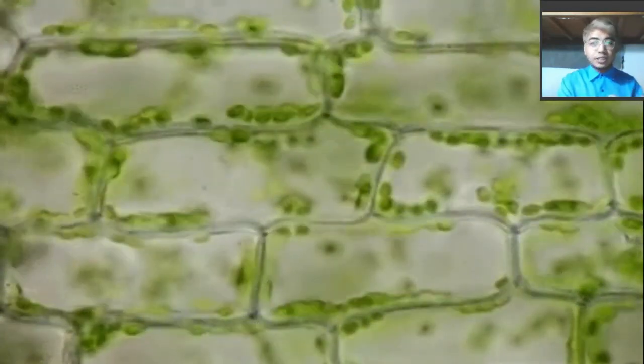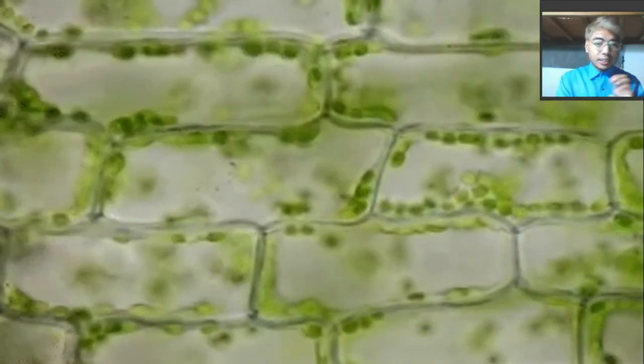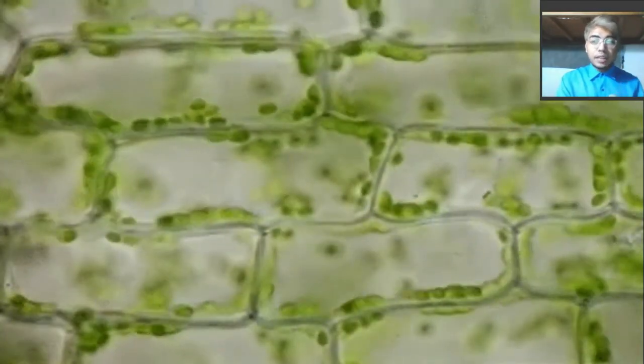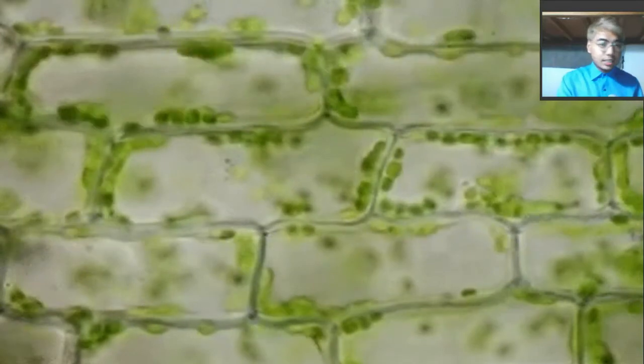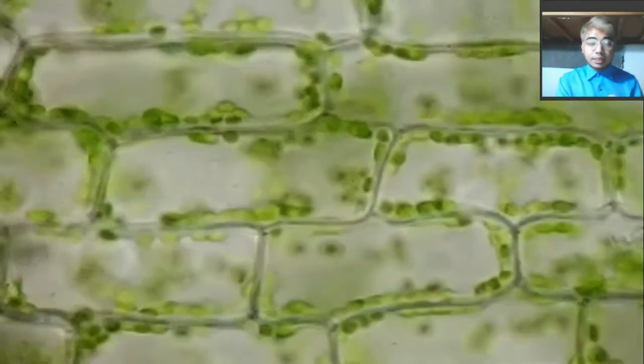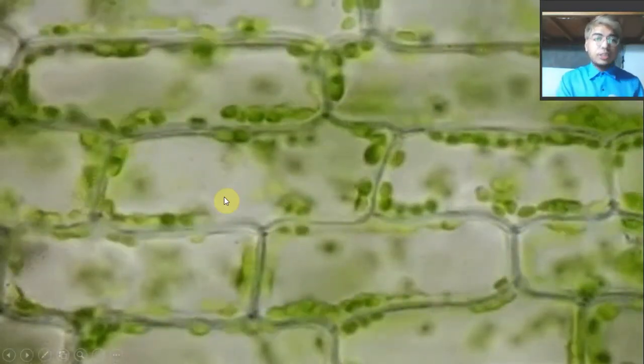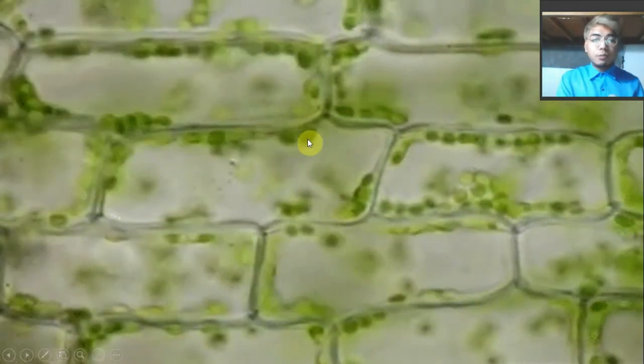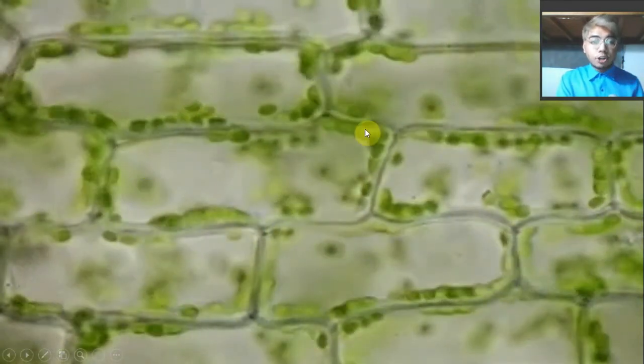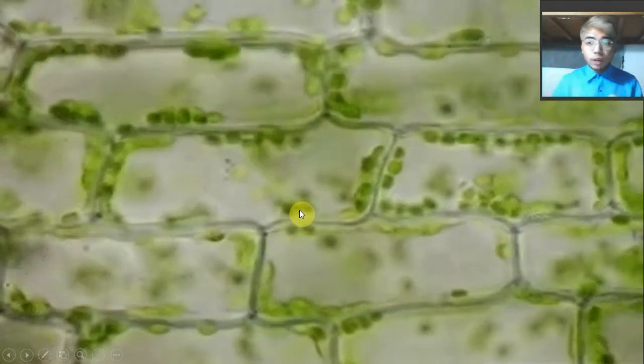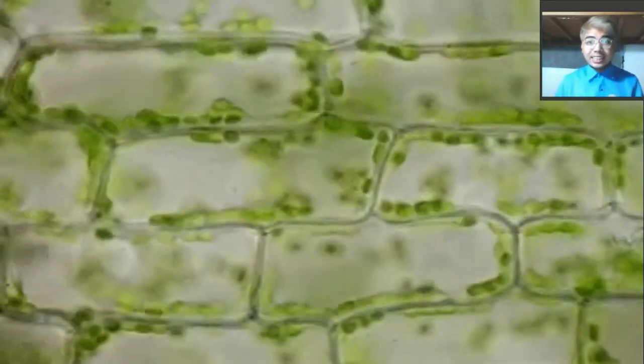Now, if you observe the chloroplasts, for instance, in this example we have Elodea, an aquatic plant. You can observe here that the chloroplasts are moving in a cyclic manner because they are moving towards the light.